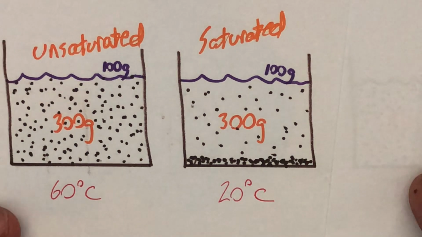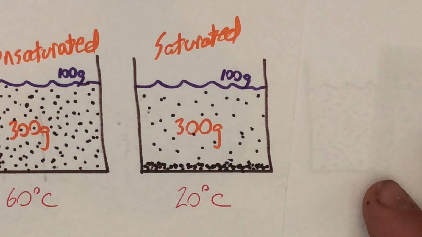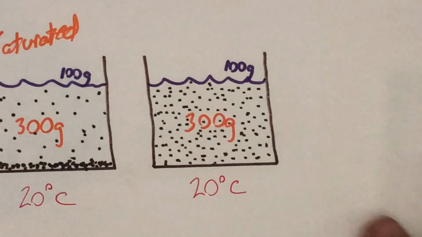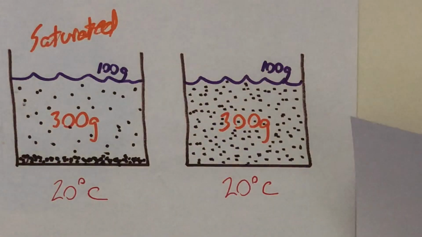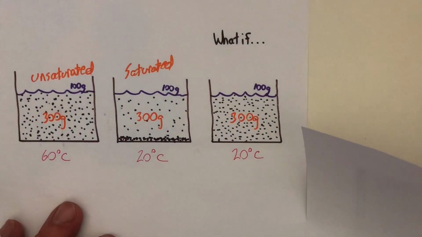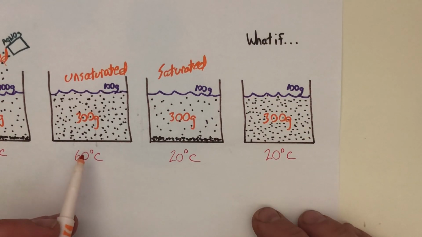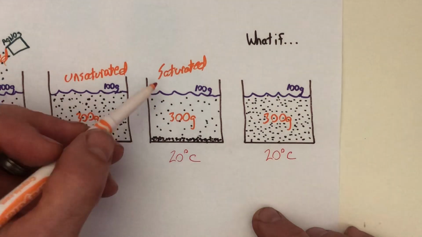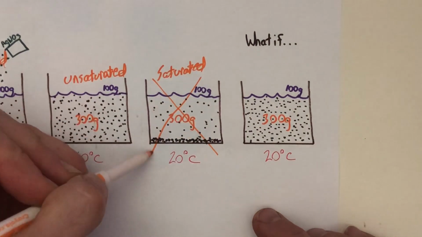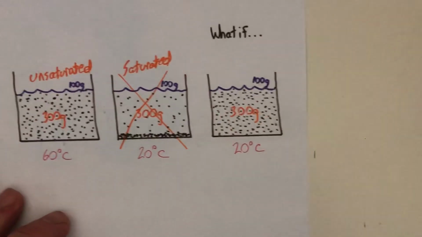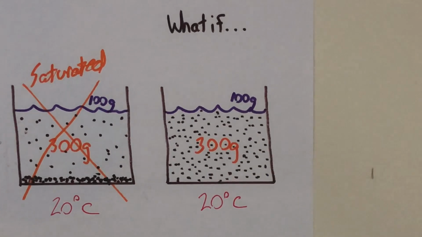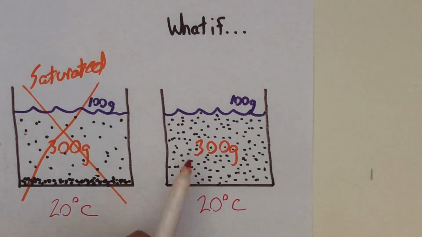So there's an interesting phenomenon with some solutes. Not all solutes do this. But what if we took this unsaturated warm solution and we let it cool down, and instead of this happening, what if it stayed dissolved? So at 20 degrees, there's 300 grams dissolved.